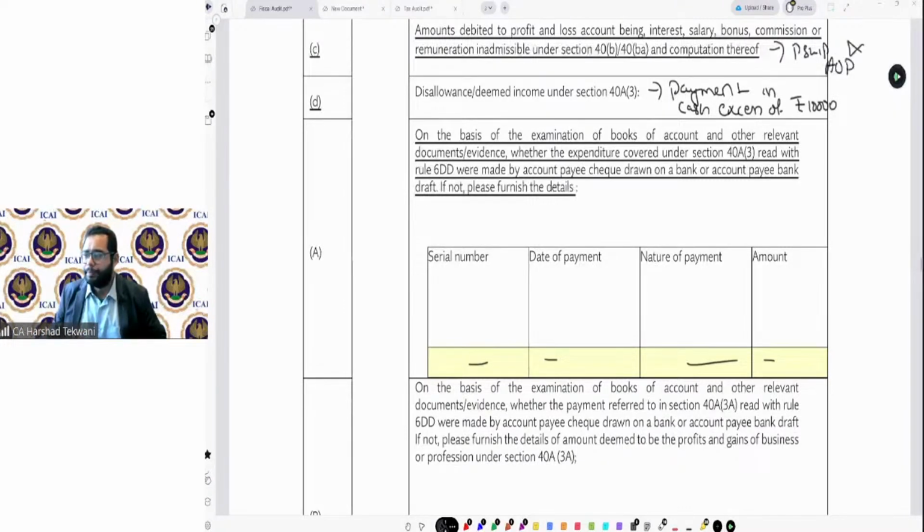Come on, guys. Practically, it is not possible to verify each and every transaction, whether it was there or not. What will you do then in that case?